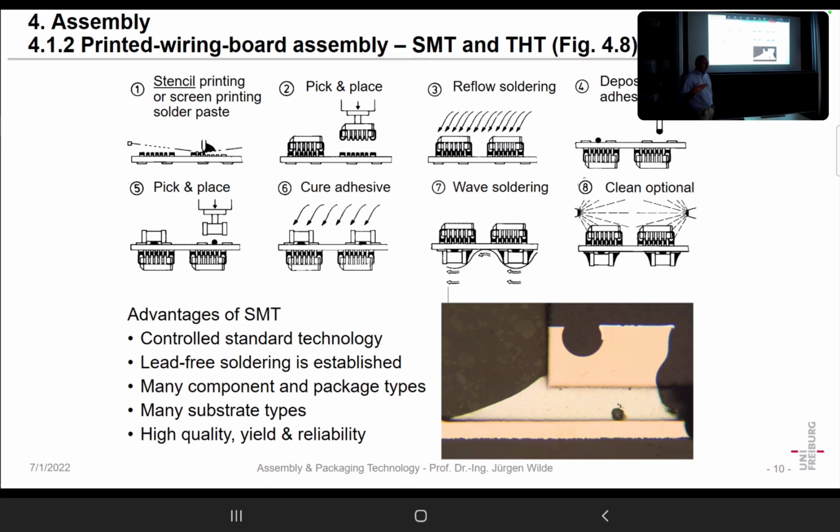When I entered that business of assembly and packaging, that was around 1990 or so in industry, my first project was to eliminate cleaning from the chain of production. And the main trick to do that was use better fluxes, which are needed for soldering.